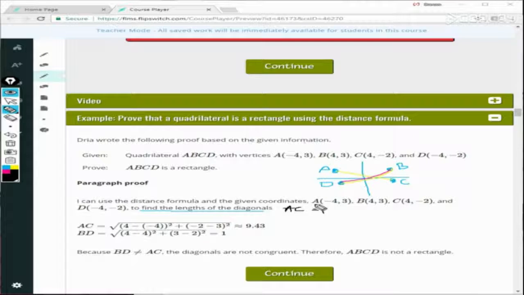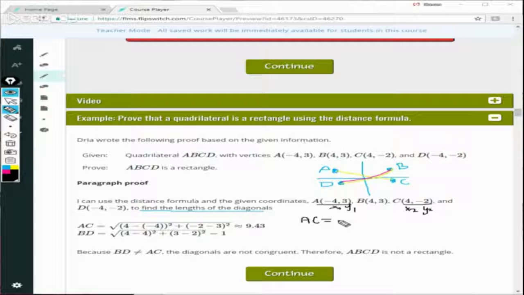First I'm going to look at these vertices A and C, and pick one as the first point. So A is x1, y1, C is x2, y2, and then we're going to use the distance formula, which comes from the Pythagorean theorem.